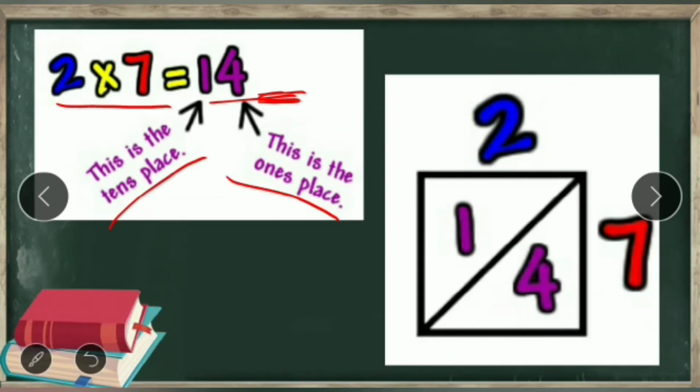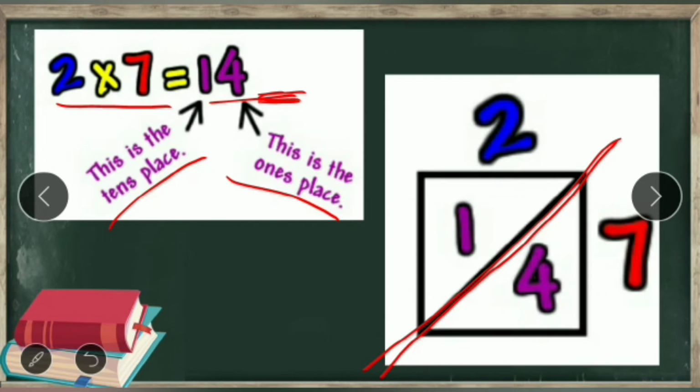So in this lattice multiplication, we have to make square boxes and divide them diagonally like this, and write one multiplier in the upper side and another multiplicand in the side of the square. Then write the product of these two digits in the middle.